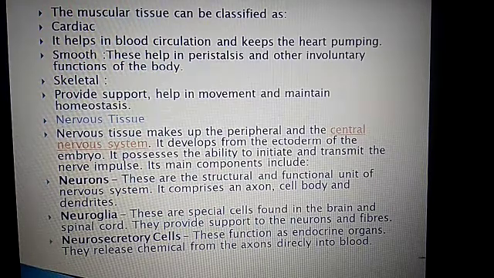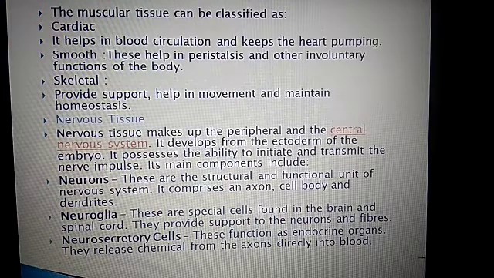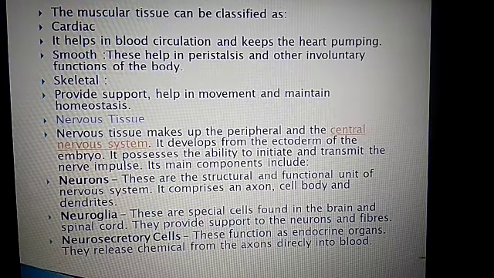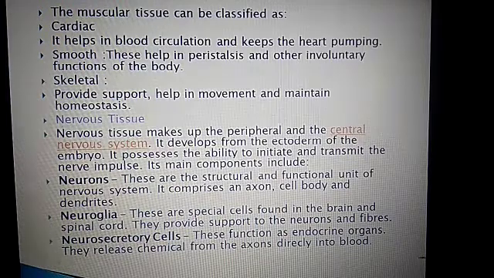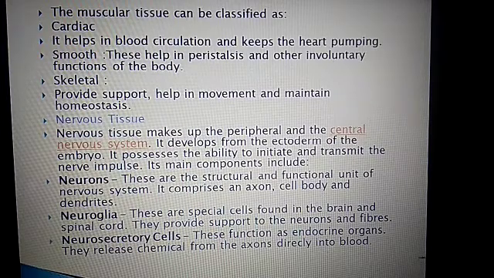And next is nerve tissue. This nervous tissue is composed of highly specialized cells called neurons, which are capable of transmitting messages from one part of the body to another. Each neuron has a cell body with a nucleus and two sets of fibers called dendrites and axon.